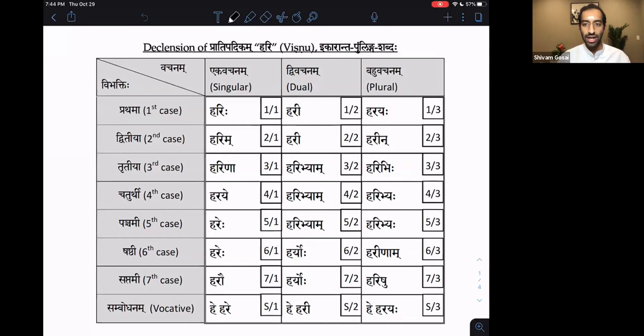Harihi, hari, harayaha. Harim, hari, harin. Harina, haribhyam, haribhihi. Haraye, haribhyam, haribhyah. Harehe, haribhyam, haribhyah.